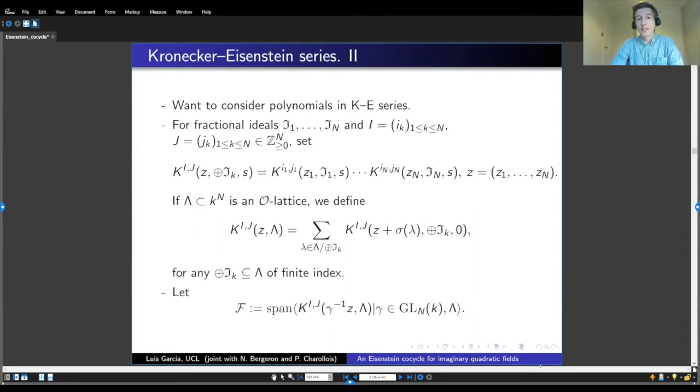And we're interested in the space generated by translates of these functions. There is an action of the group SL_n(K) on this space. So basically, if you have a matrix in SL_n(K), you can act on the argument and on the lattice, and you obtain another such function. So this is the space F.